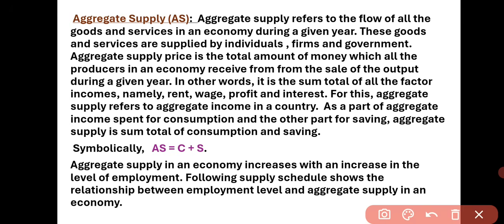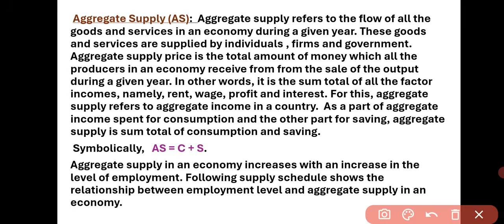What is the total sale of goods and services? How much income are the producers receiving from the sale of goods and services during the given period, that is known as aggregate supply price. So it is the sum total of all factor incomes like rent, wage, profit and interest.